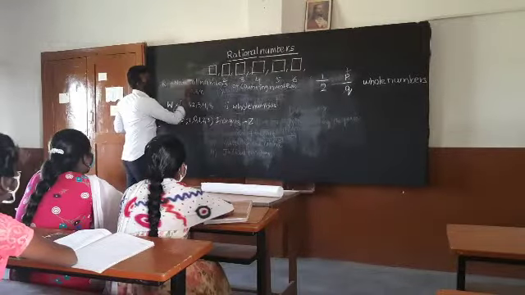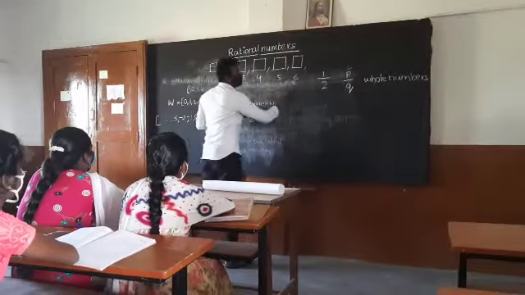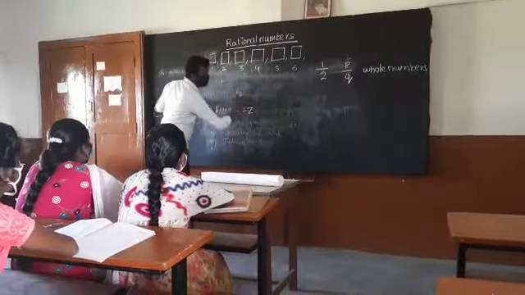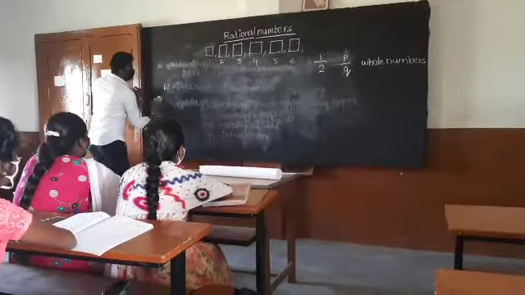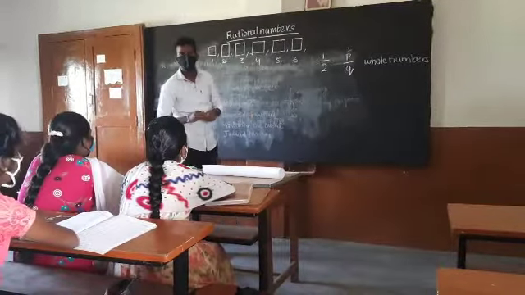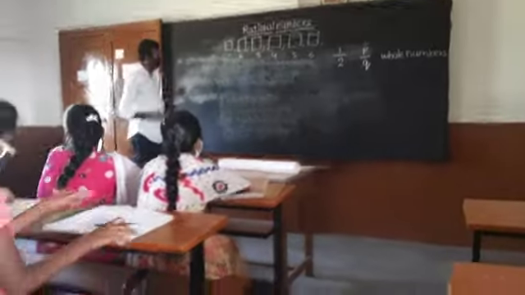Let me define the rational numbers first, and thereby you yourself will give the examples of rational numbers. What are the rational numbers? You please note down in your notebooks while I am writing on the board.